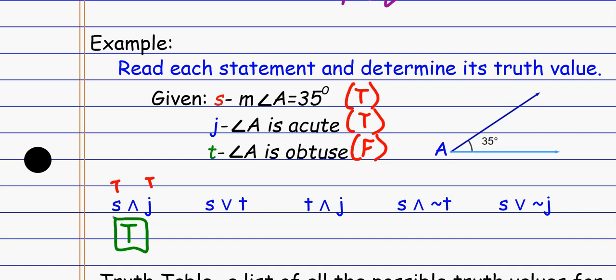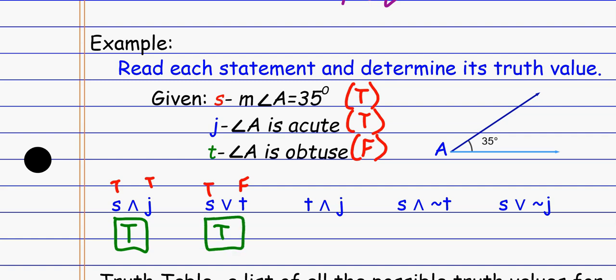If I look at the next one, remember S was a true statement, T was a false statement, but this is an or. For or to have a truth value that is true, just one of those pieces has to be true. When you look at that angle, is it 35 degrees or obtuse? Yes, it's 35 degrees, so the truth value here is true.